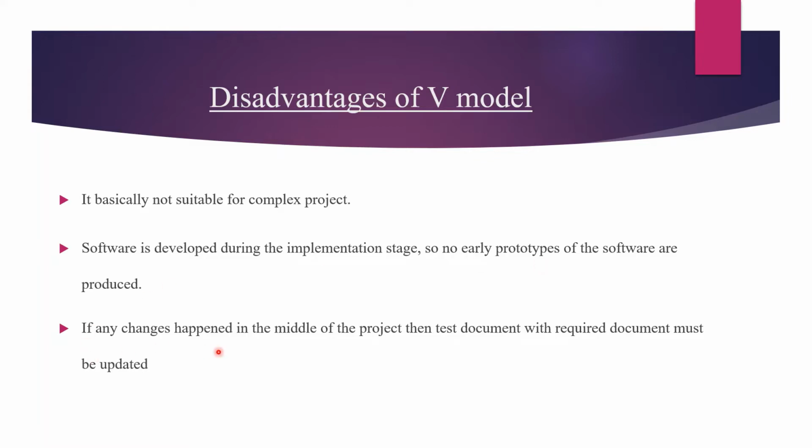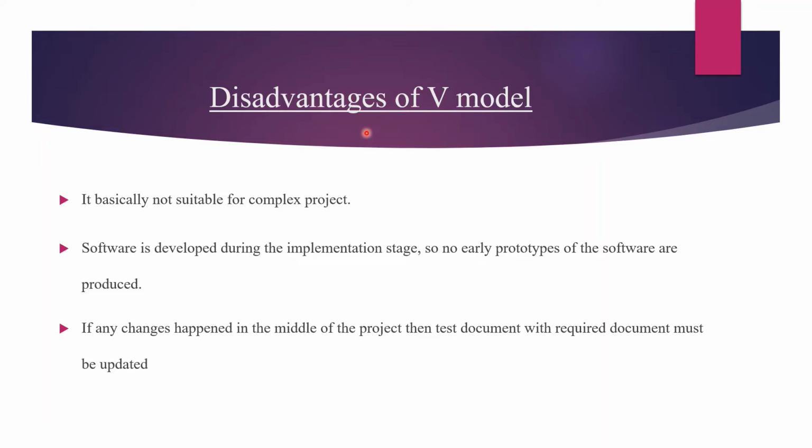If any changes happen in the middle of the project, then the test document along with the requirement document must be updated. Meaning that if any changes are made by or required for the client side, then all the documents, including the test document, should be updated so that it does not create ambiguity in the future.